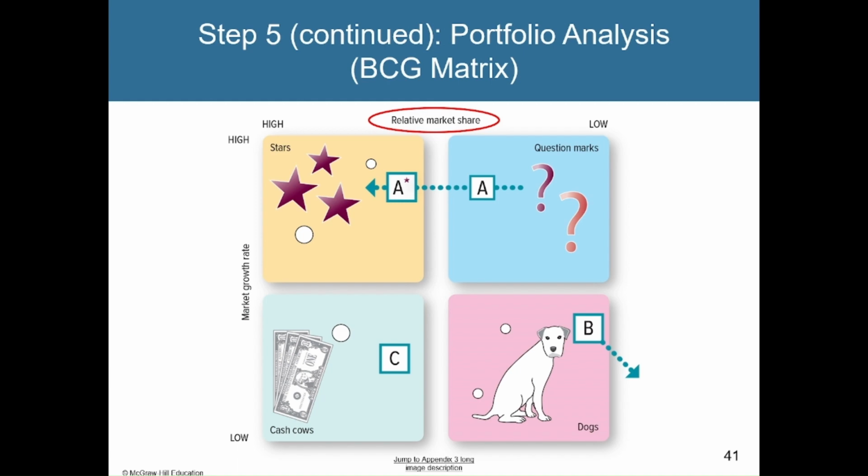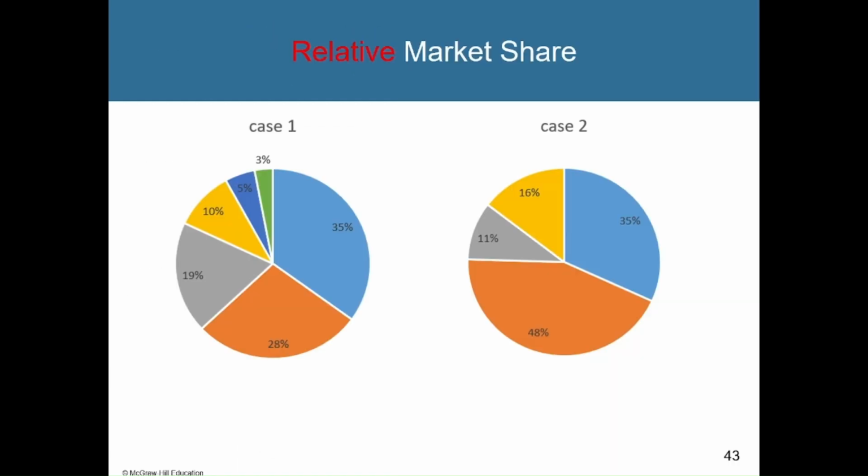So I will give you an example here. Suppose you are a manager of a strategic business unit of a popular brand, and you know that your strategic business unit or your product line accounts for 35% of the whole market. So you have 35% as the market share.